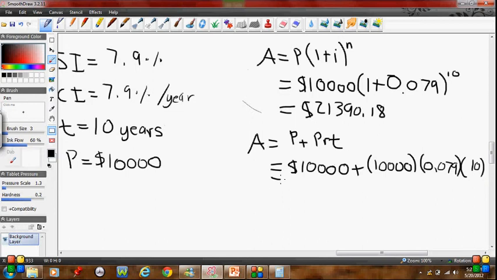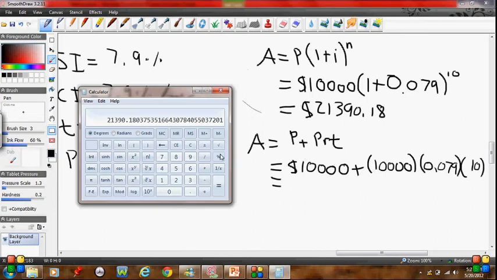And if we simplify that, clear your calculator, so we have 10,000 times 0.079 times 10.